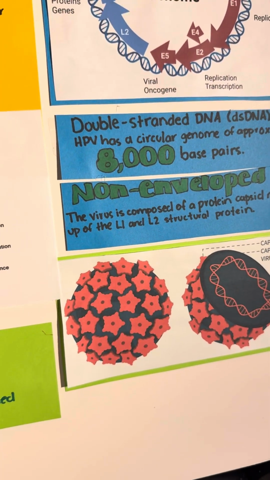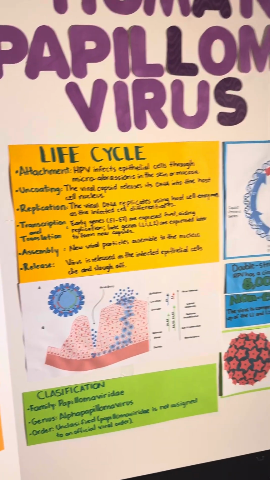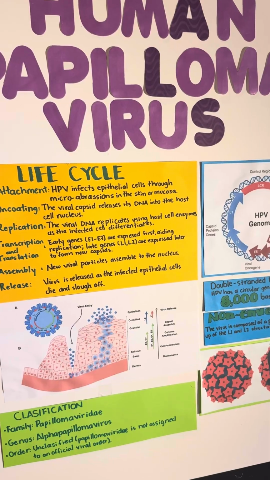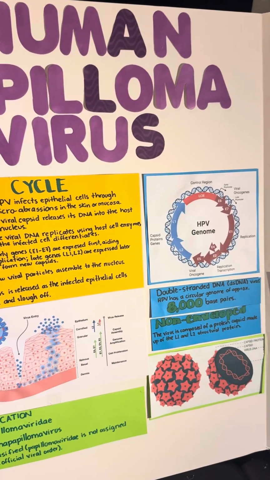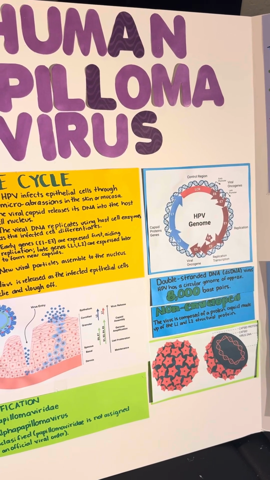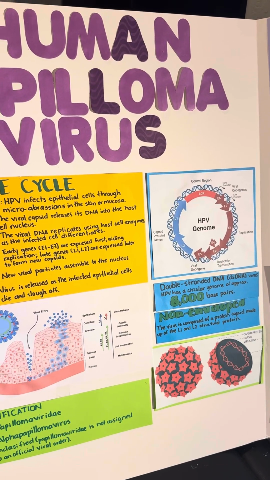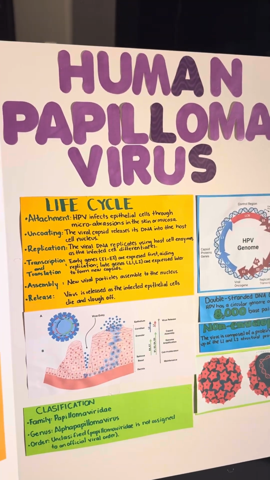Important to note that the viral envelope is absent. That means that it doesn't have an enveloped virus. The virus is composed of a protein capsid made up of the L1 and L2 structural proteins. Important to know that.